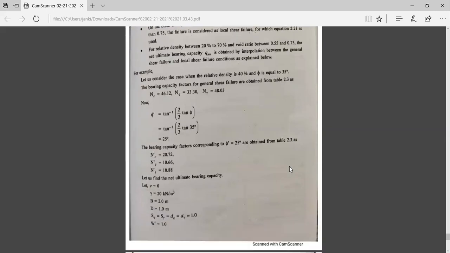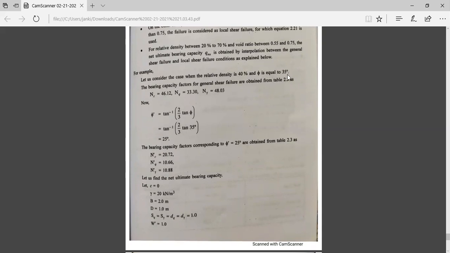So let us consider the case when the relative density is 40% and phi is equal to 35 degrees. The bearing capacity factors for general shear failure are obtained from table 2.3. Here, one case is considered, which means phi is equal to 35 degrees.